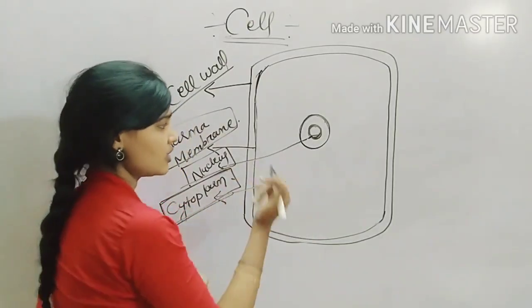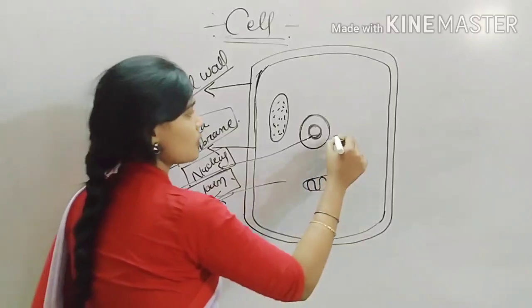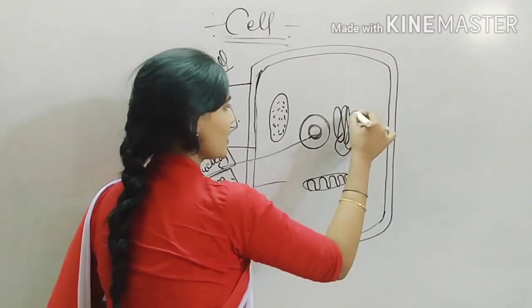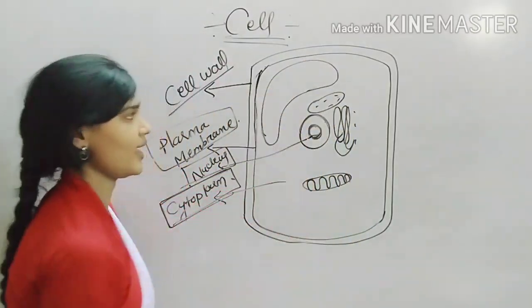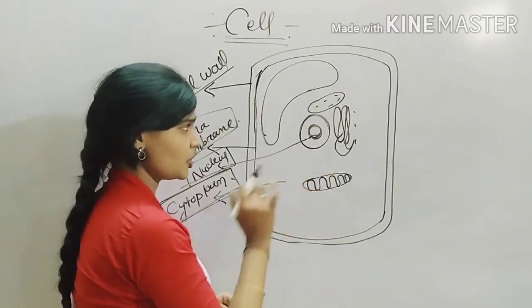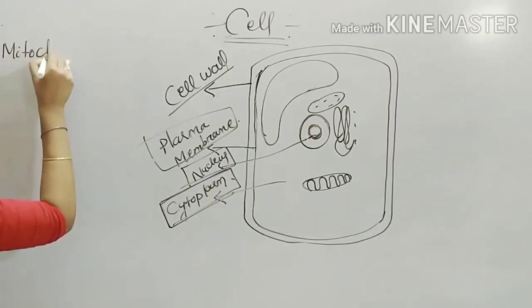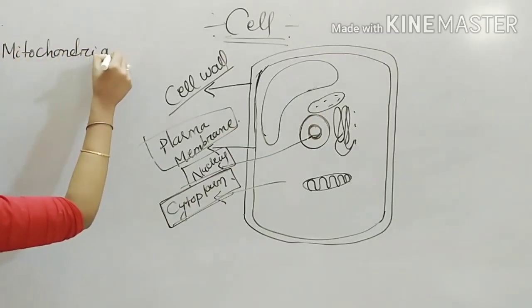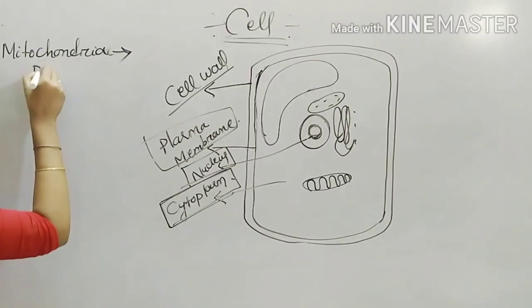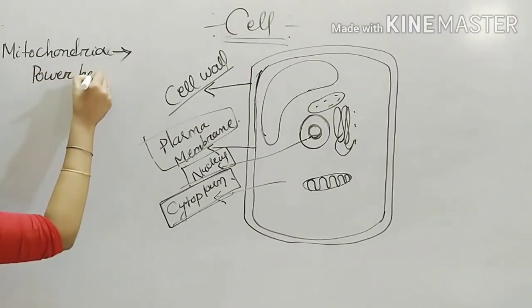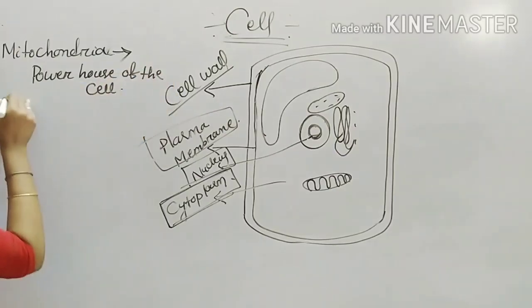What are the organelles? The organelles are like the mitochondria, ribosome, Golgi body, plastid, vacuole, etc. Okay, so here we have to remember that mitochondria is the powerhouse of the cell.